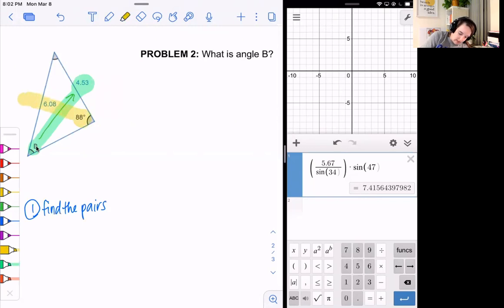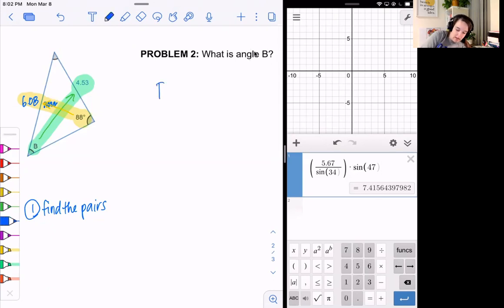That's 6.08 should be on the outside, just like that, right? So I have those ones straight across here like this, right? So I have two pairs here. I also have this angle on this side, but I don't have any numbers, so I'm going to ignore them for right now. So I want to find angle B.